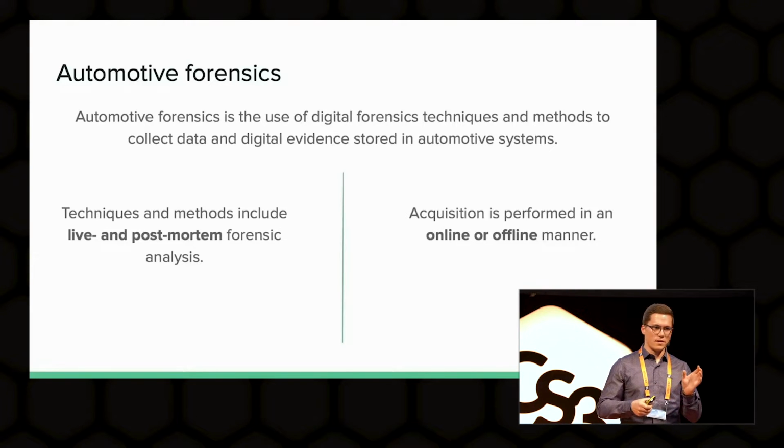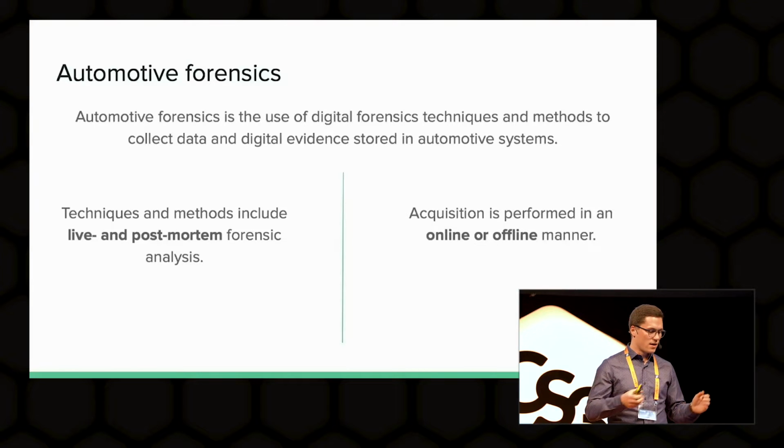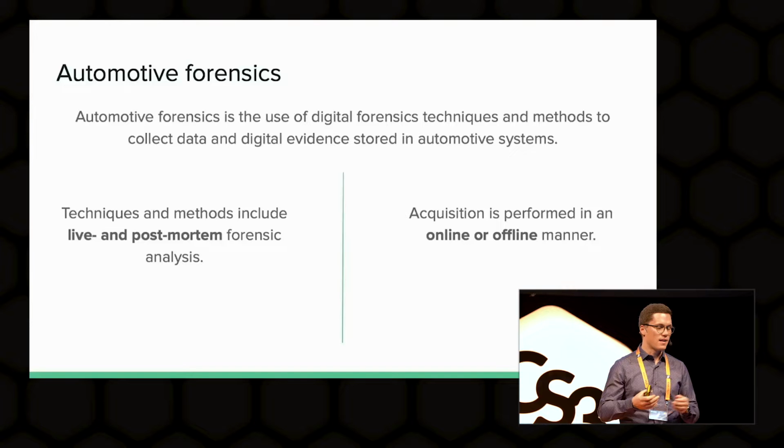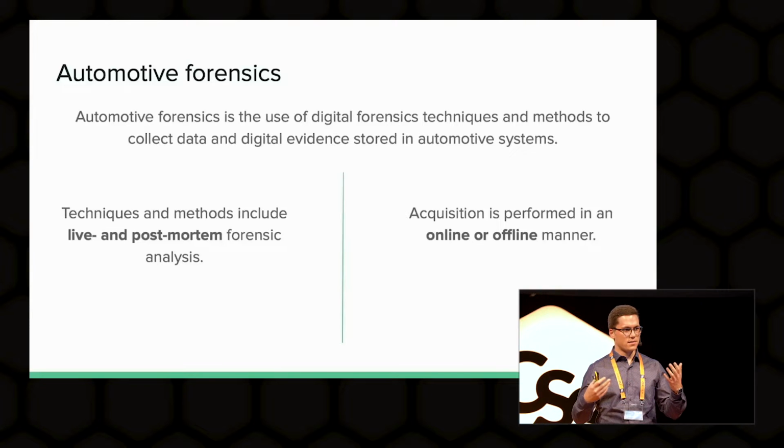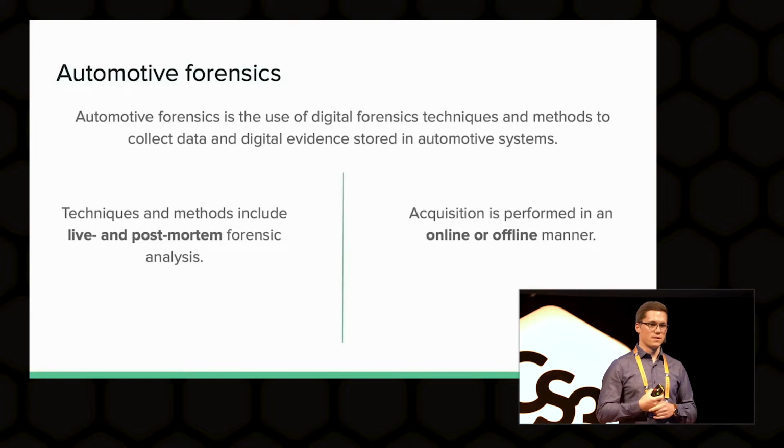We separate the mechanisms, the techniques, and the methods into live and post-mortem forensics. Live is when the vehicle is running, so for example, the car is still driving. Post-mortem is when the vehicle is switched off, and we are performing analysis on the devices themselves, so on the different components.